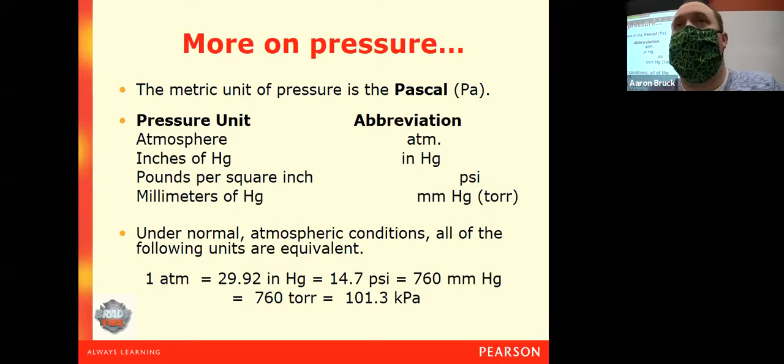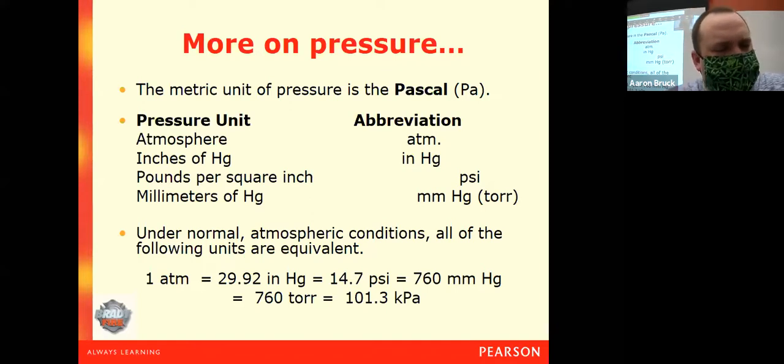For example, there are just over 101,000 pascals that represent atmospheric pressure. So even in the metric system, they tend to use kilopascals to describe things like atmospheric pressure. 101.3 kilopascals is normal atmospheric pressure.